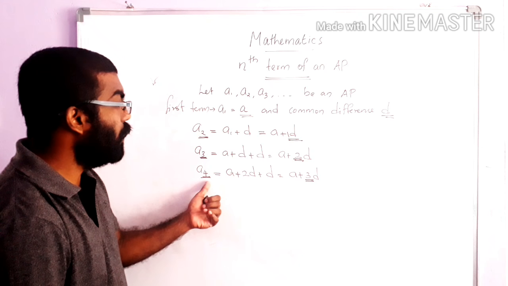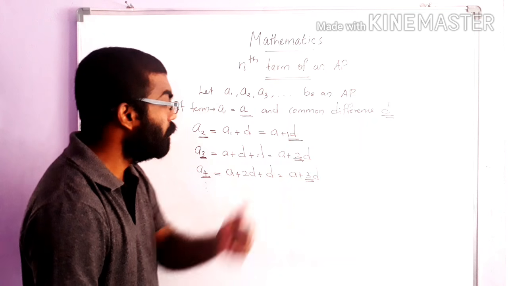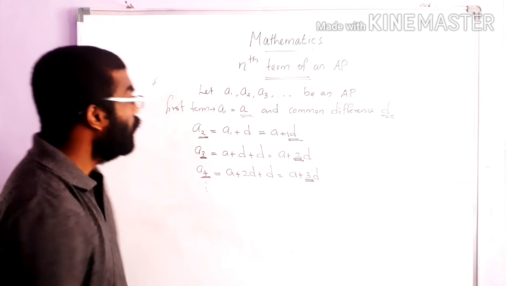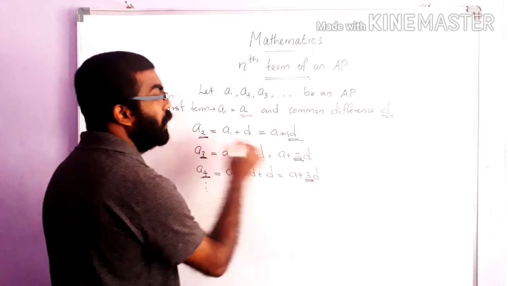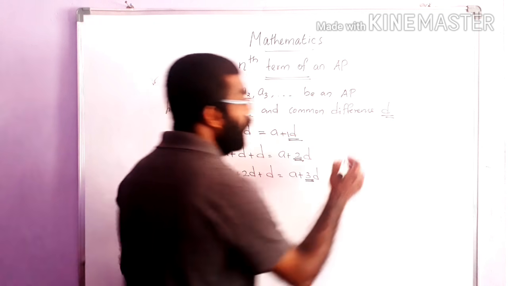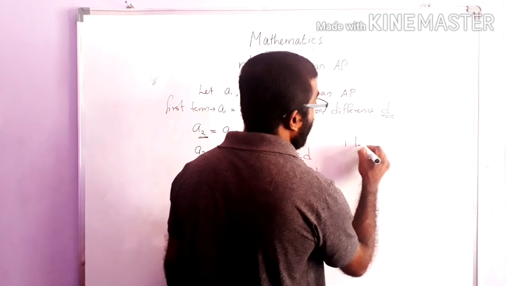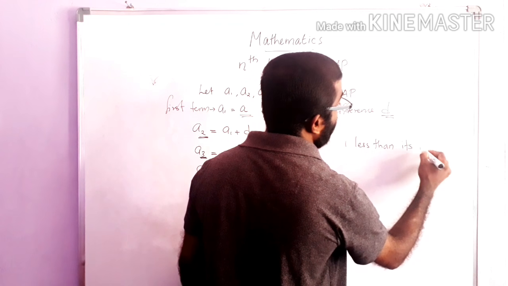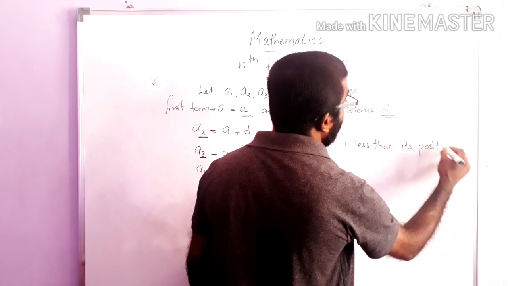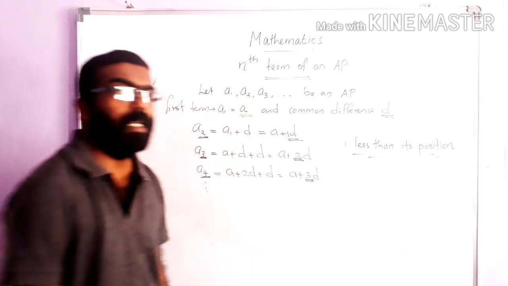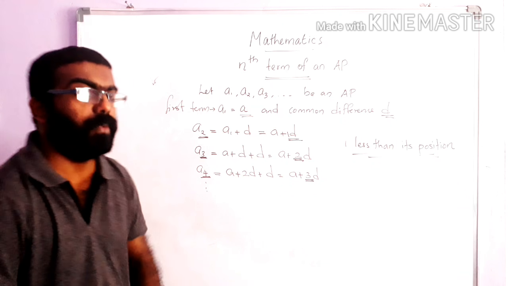Position 4, 4 minus 1 is 3. Position 3, 3 minus 1 is 2. Position 2, 2 minus 1 is 1. So the coefficient of D is 1 less than its position.